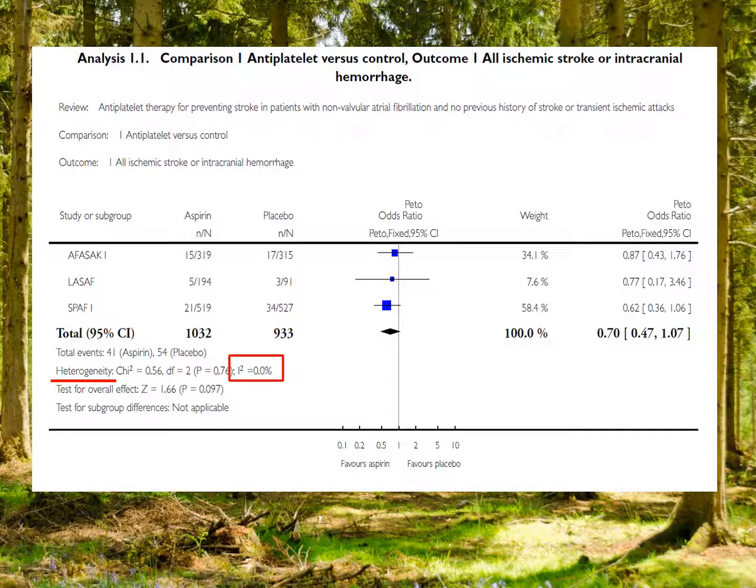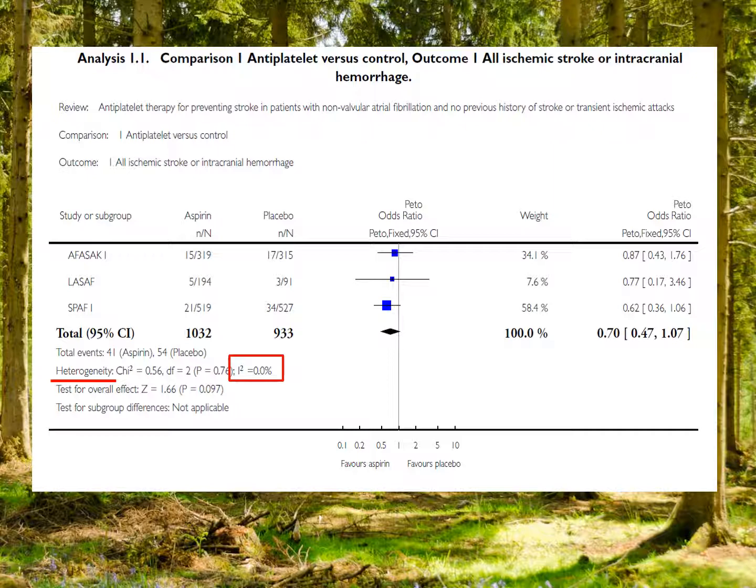If you look at the first study, AFASAK1, aspirin 15/319, meaning that in this arm, for this study, 15 patients had ischemic stroke or intracranial hemorrhage out of 319. Compared with the next column, placebo.